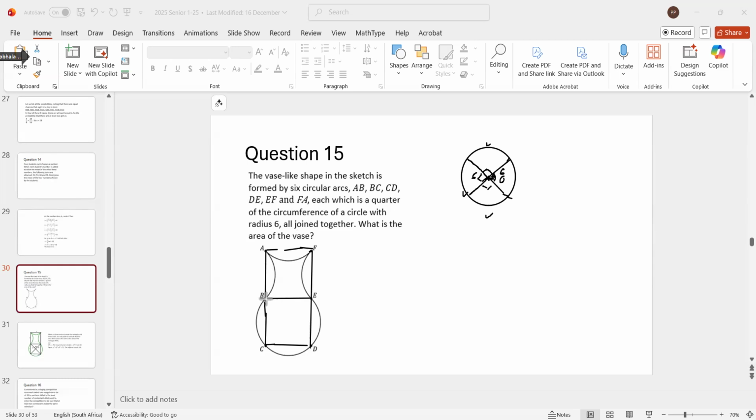when I join the diagonals of this quadrilateral, it turns out that the diagonals are equal, and they also bisect each other. So it means that all these are equal.